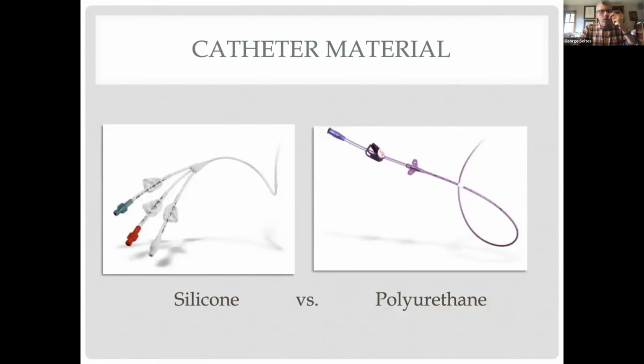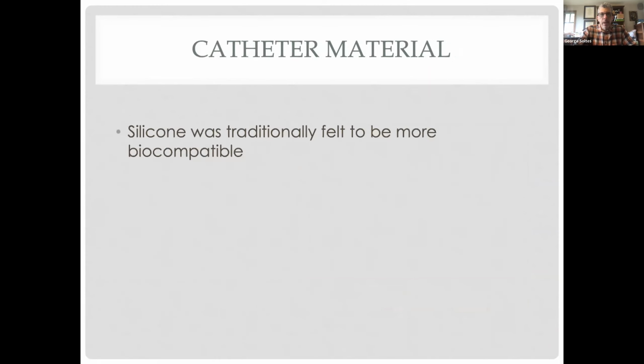So catheter material. Like we mentioned before, most catheters are made of silicone or polyurethane. Silicone was what the original catheters were made of. They still make them, the original old-fashioned Hickman catheters. Traditionally, silicone is felt to be more biocompatible than polyurethane. The early polyurethane especially was quite thick and stiff.